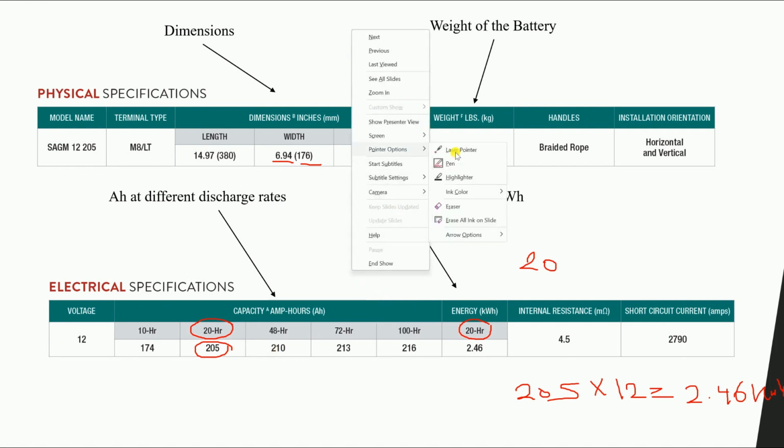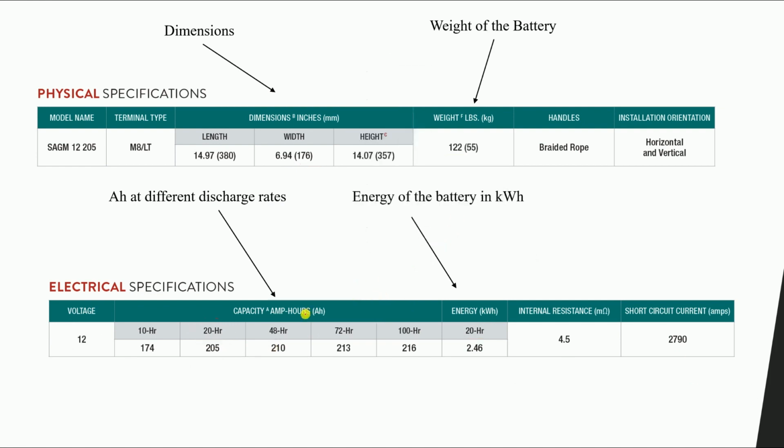Now, a very important part which we discussed before: we said that its charge rate or the C rating, C10, C20, C100, affects the capacity of the battery itself. So you can see this one is a 20-hour, a C20, 205 ampere hour.